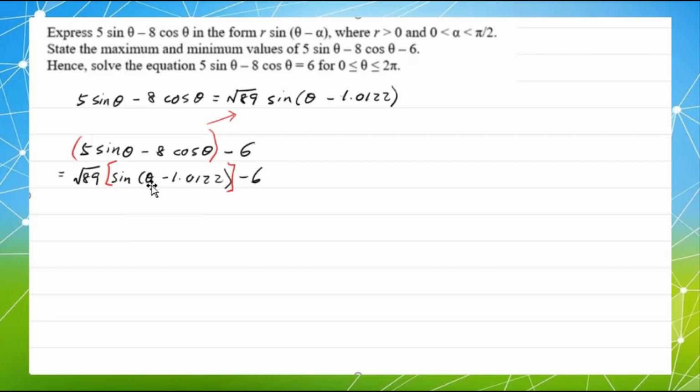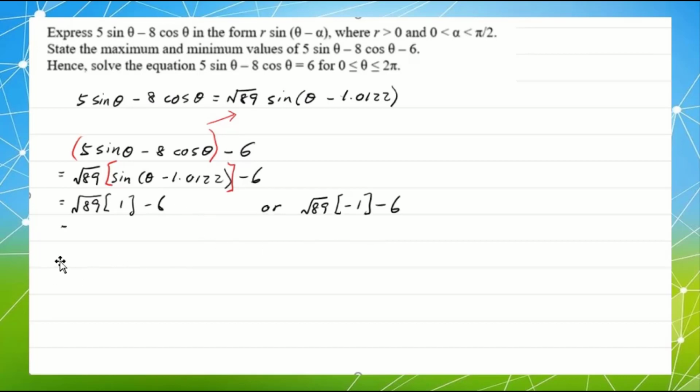But when we look at the graph of the sine function, we find that the maximum value for sine is positive 1, and the minimum value for sine is negative 1. So we have two possible values, one is positive 1 and the other one is negative 1 for the sine function.